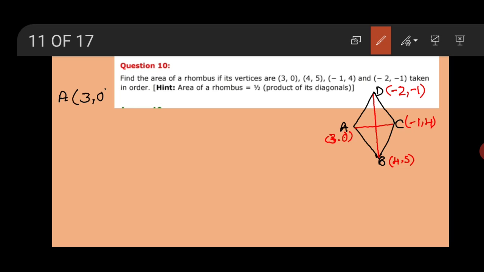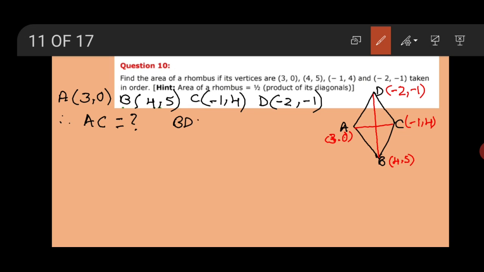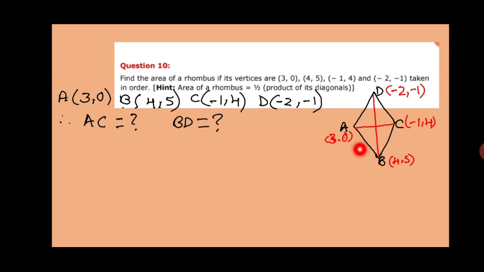Here vertices of the rhombus are given: A is (3, 0), B is (4, 5), C is (-1, 4), and D is (-2, -1). So first we have to find diagonal AC, and later find another diagonal BD also.